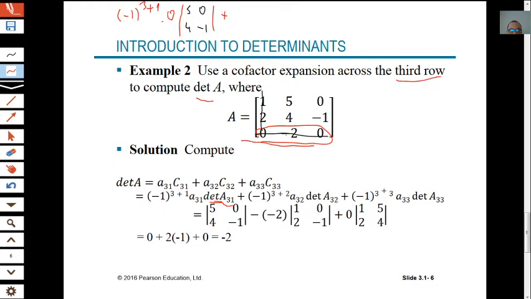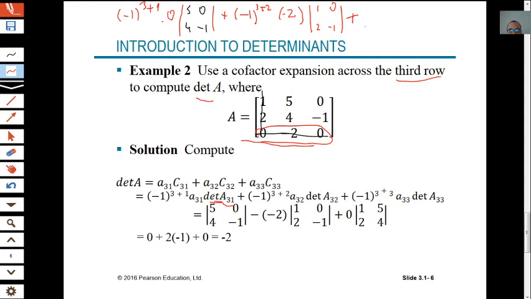Plus, according to the second entry, -1 to the power 3 plus 2, since it is in the third row and in the second column, -2 times, cancelling the second column and the third row, the remaining numbers are 1, 0, 2, -1.